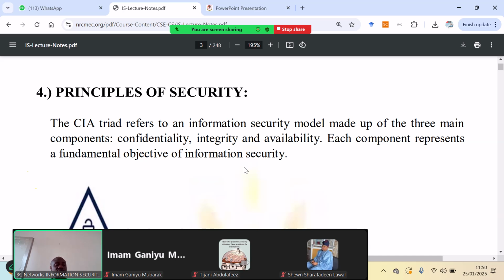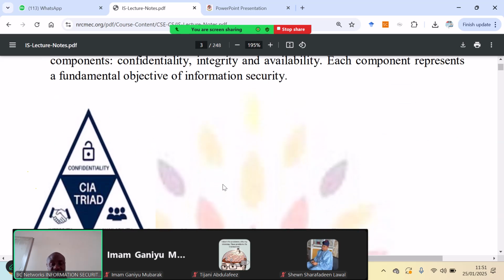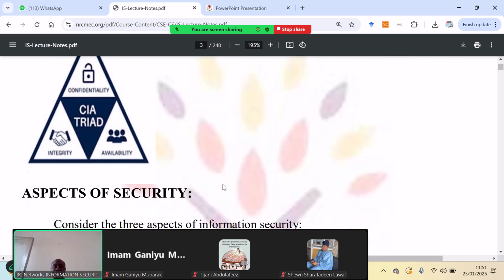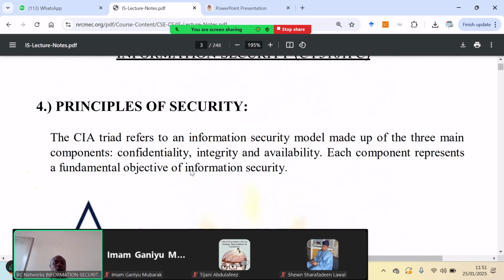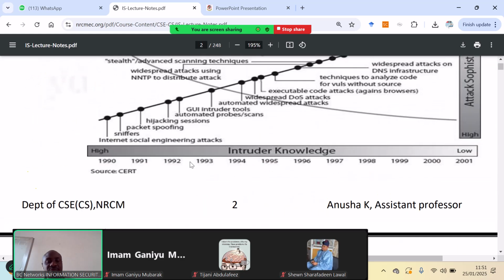Each of these components is linked to one another and they represent a fundamental objective as far as this course is concerned. So if you look at the aspect of security, we have considered different attack systems, and we need to review some of these attack systems on how your information security can be compromised.